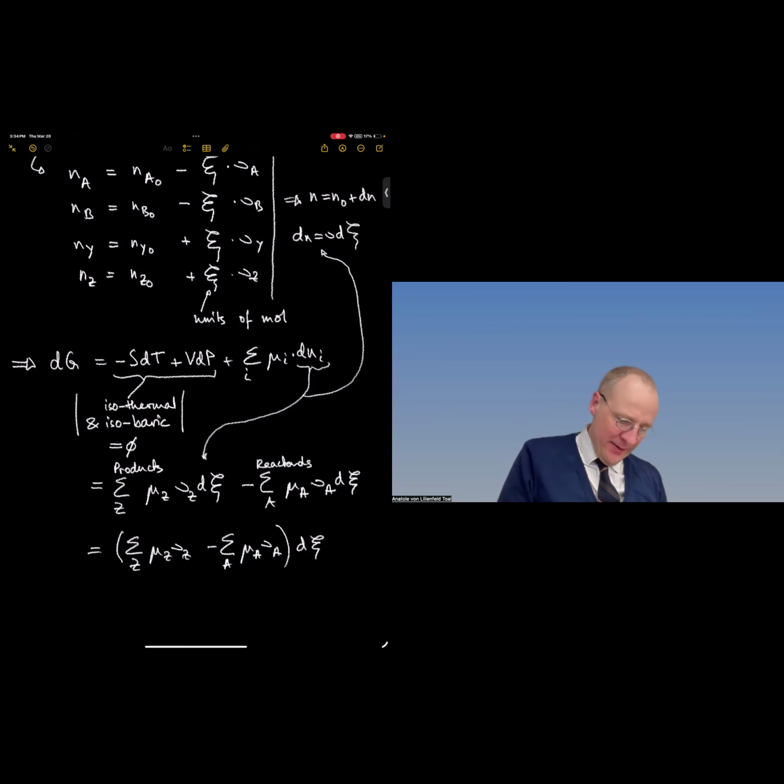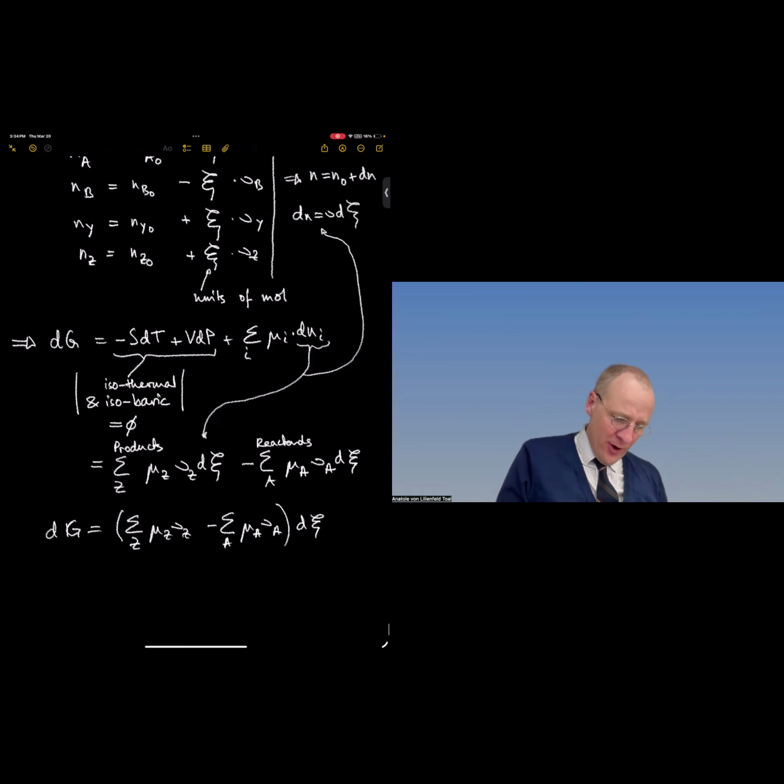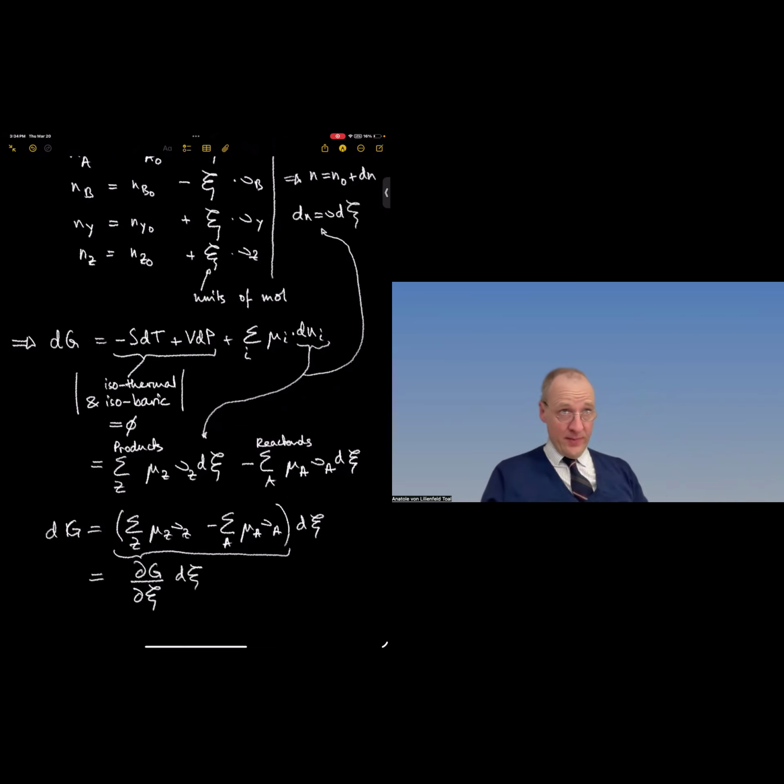And again, this is our total differential dG, and we are expressing now how G changes in progress of the reaction. So in front, you have dG d psi. That's your chemical force of the free energy for any reaction.